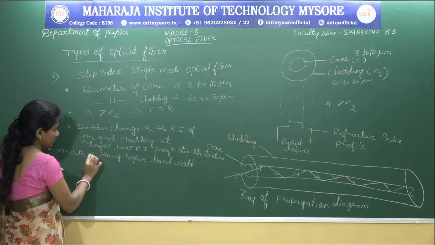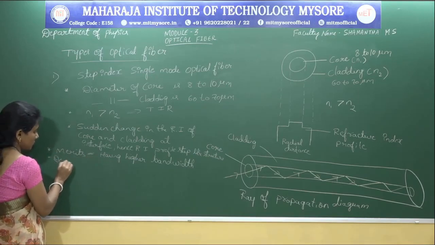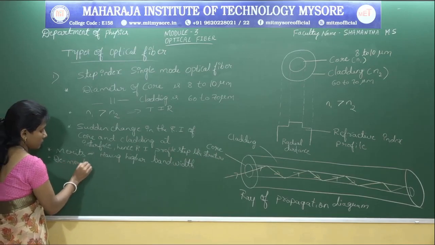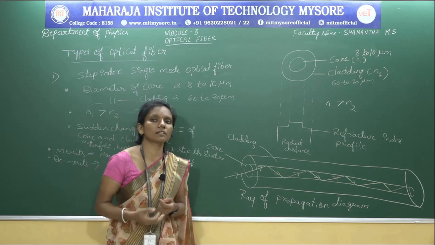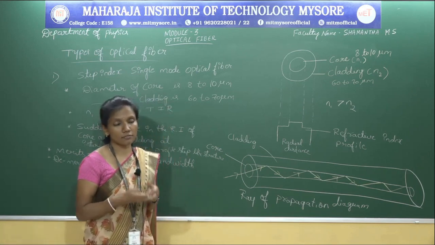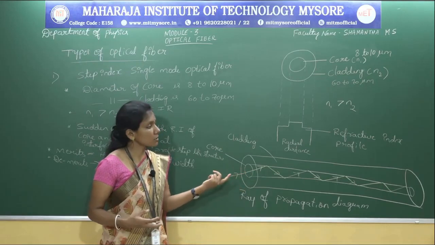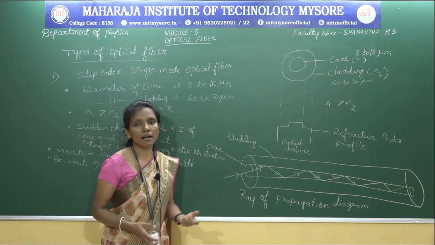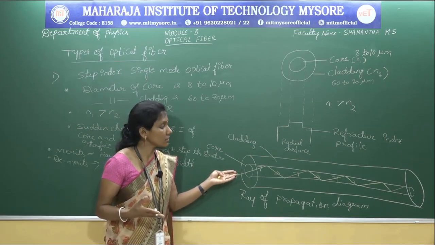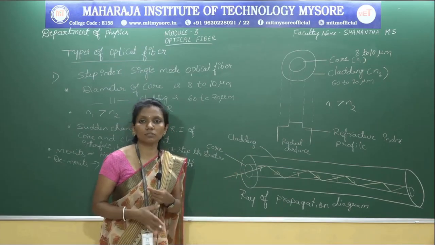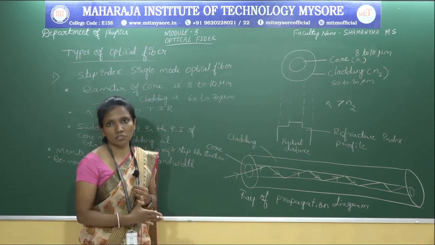But what are the demerits of this optical fiber? It is very difficult for joining, that is, for splicing. Splicing is very difficult because if something damages the parts, we can't join the parts and it won't work with that efficiency.